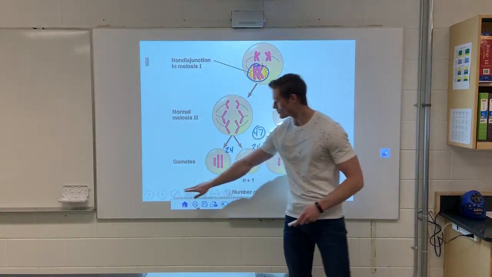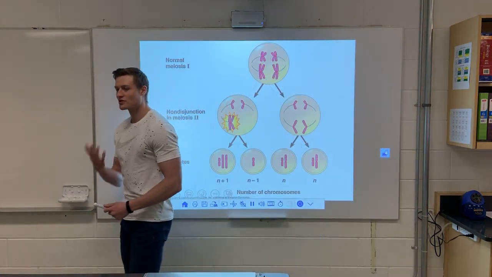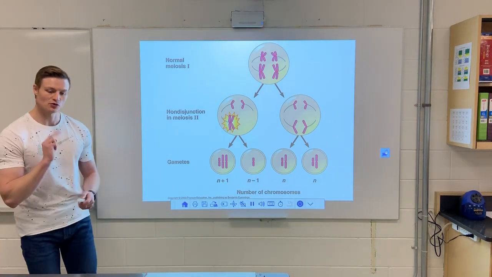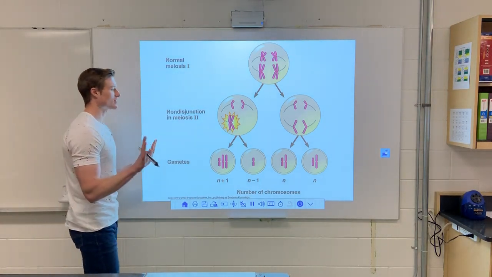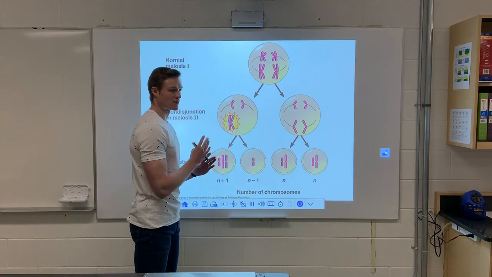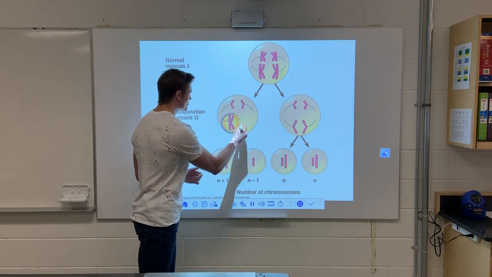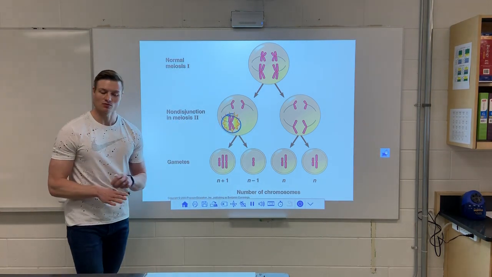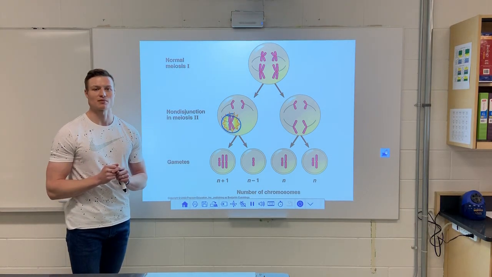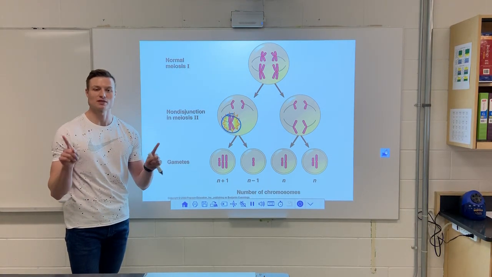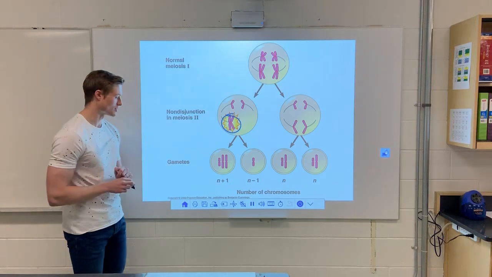So let's say, for example, this occurs during meiosis 2. So meiosis 1 goes without a hitch, right? Both of these cells are fine. But then during meiosis 2, let's say that chromosome doesn't split up. Remember, since we're talking meiosis 2, we're talking about chromatids splitting up, not chromosomes.